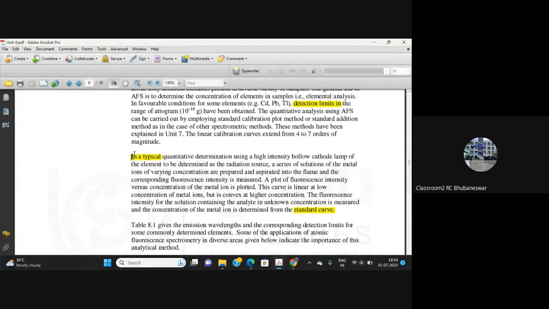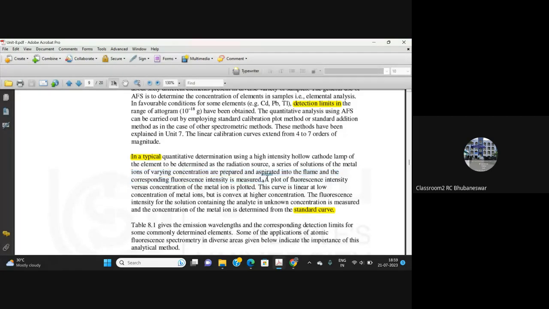So, in typical quantitative determination, using a high intensity hollow cathode lamp of the element to be determined as the radiation source, a series of solutions of the metal ions of varying concentration are prepared and aspirated into the flame, and the corresponding fluorescence intensity is measured.